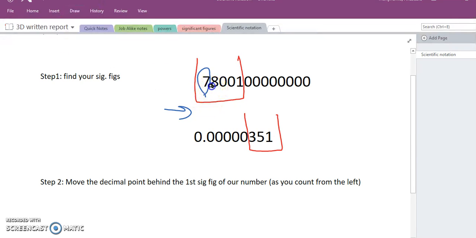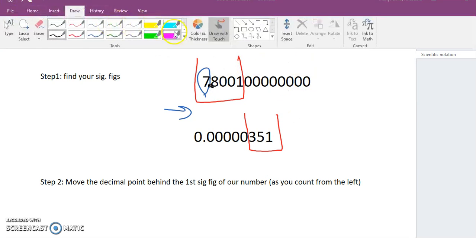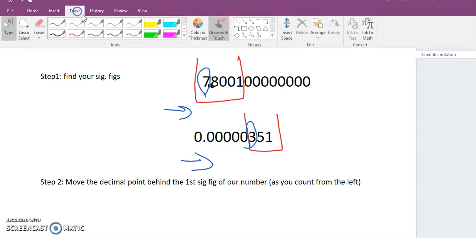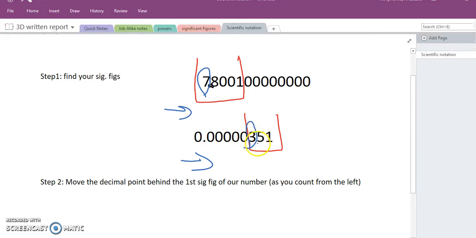In the other number, as I move from left to right, my first sig fig is 3. So my decimal point goes right behind 3, right here.